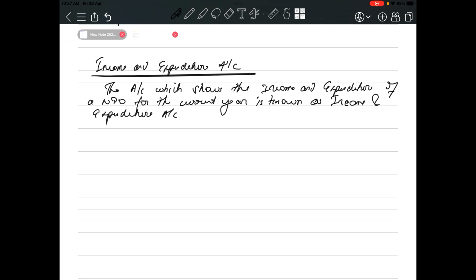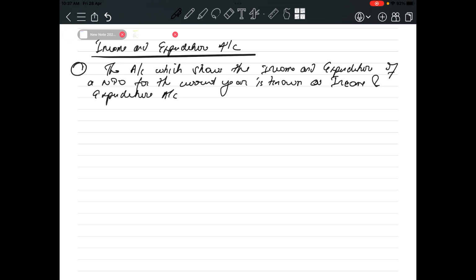Now what is the rule of income and expenditure account? Let's see. Income and expenditure account, I'll write I&E for short form, is a nominal account. It is a temporary account, let's say. Now what is the rule?